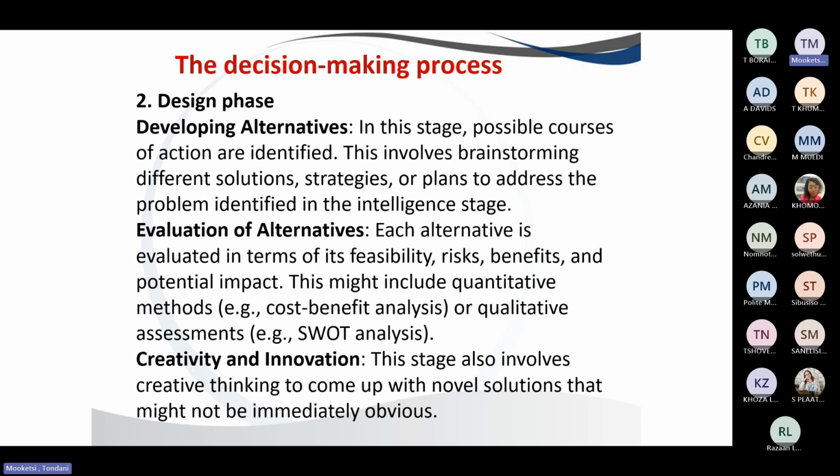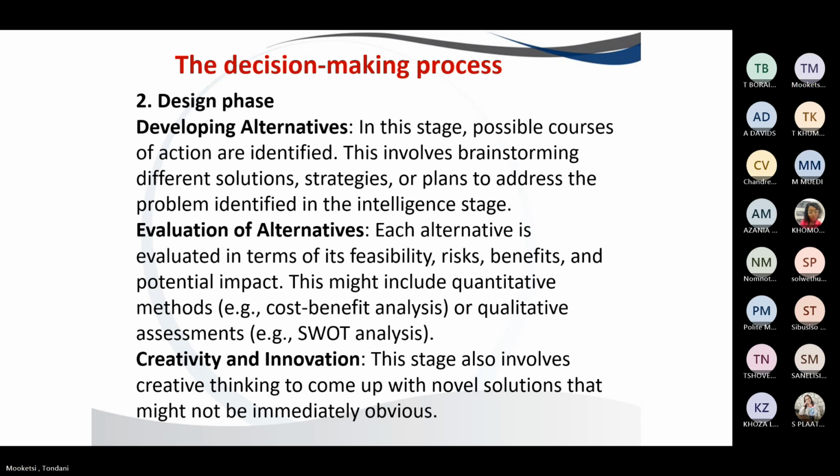It involves brainstorming different solutions or strategies or plans to address the problem that was identified in the intelligence stage. So in our example of traveling from Cape Town to Johannesburg, we have identified different solutions to address the problem.